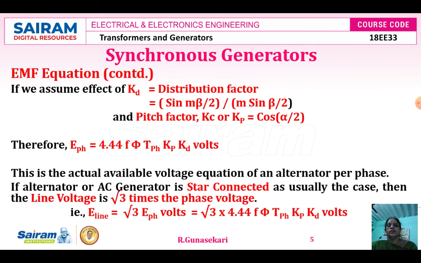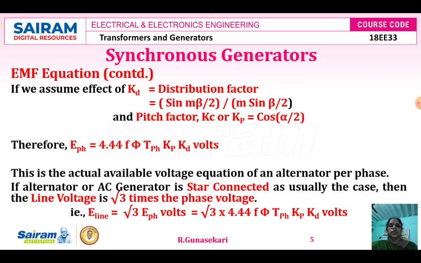Then we can assume the distribution factor Kd and the pitch factor Kc. Kd is nothing but the distribution factor. We can study in the next video how to derive the distribution factor Kd, and then the pitch factor Kc.